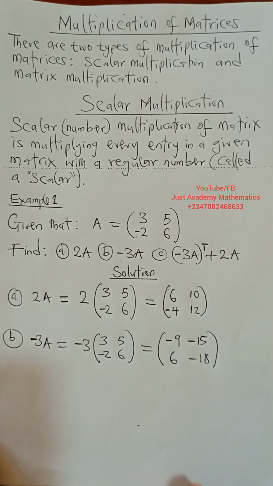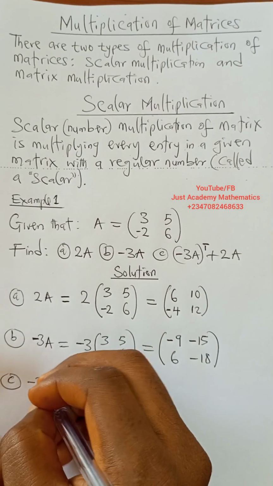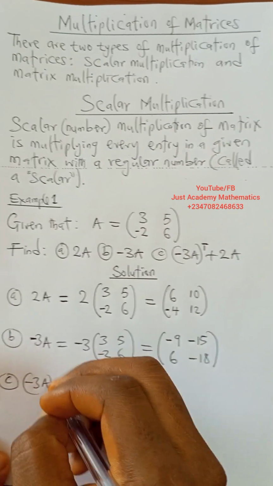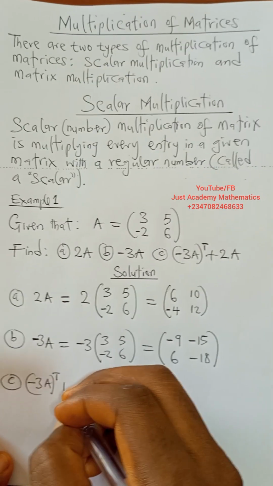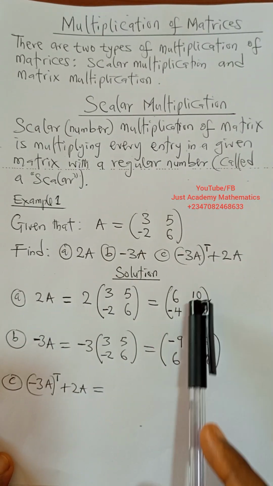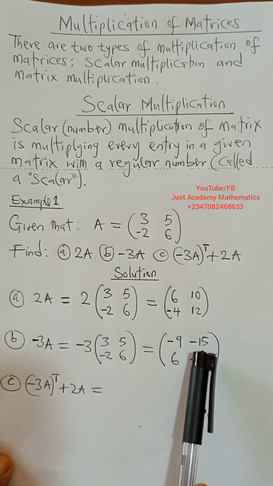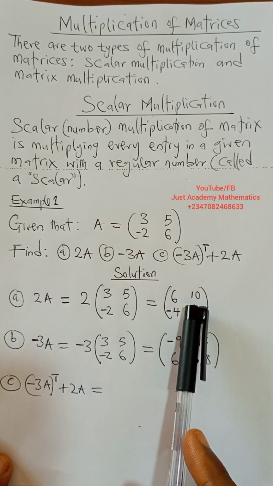Now let's go for the C part, which says we have to find minus 3A transpose plus 2A. If you look at these two, we've already solved for minus 3A, and we have already solved for 2A.